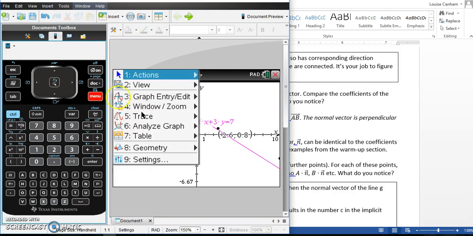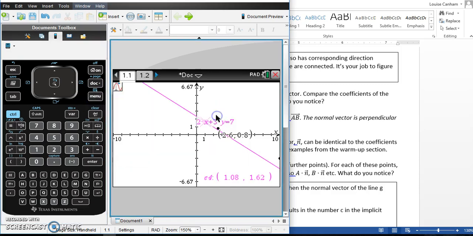If you go to Menu, again, Trace, Graph Trace, you can see which ones have whole number coordinates, or of course you could use this. But I've used the points 2, 1 and 5, -1. I've taken one away from the other to get the direction vector of 3, -2.